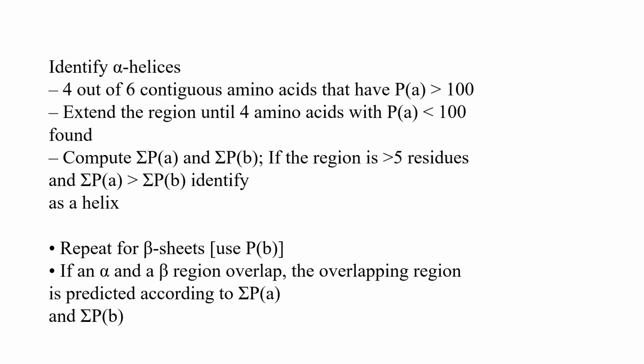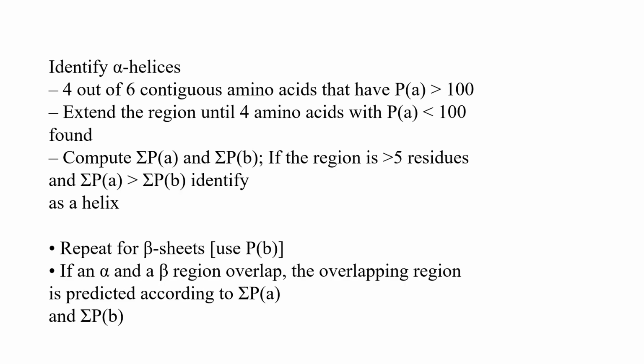We have to see 6 contiguous amino acids, and out of those 6, if 4 amino acids have a PA value more than 100, we can say that that particular stretch of peptide will form alpha helix.